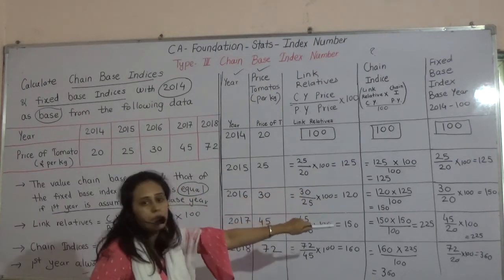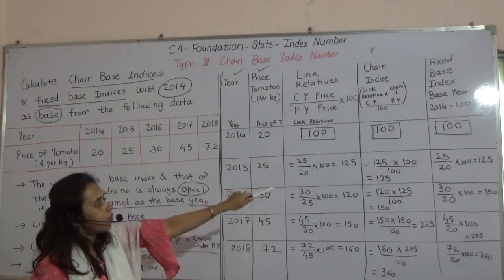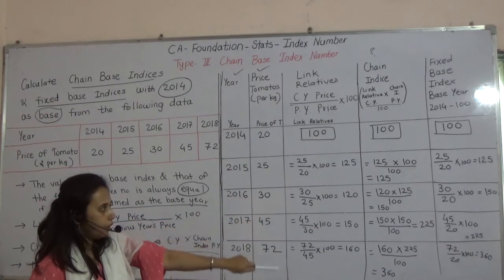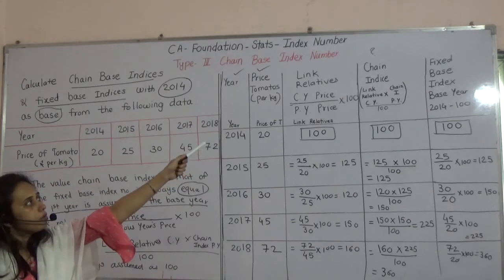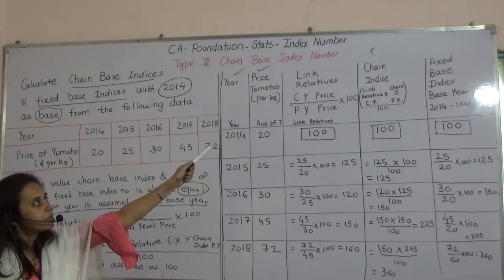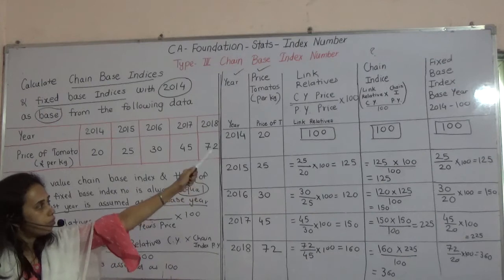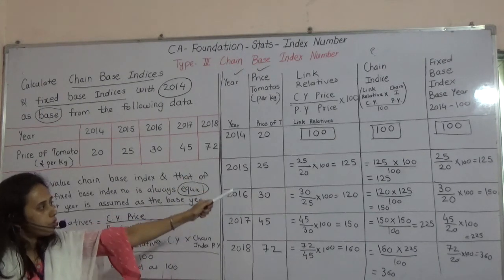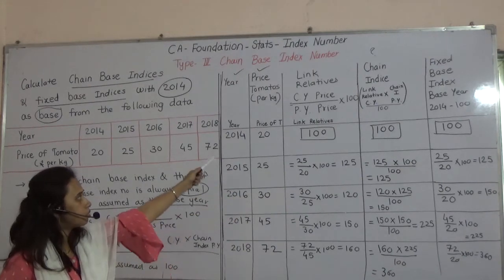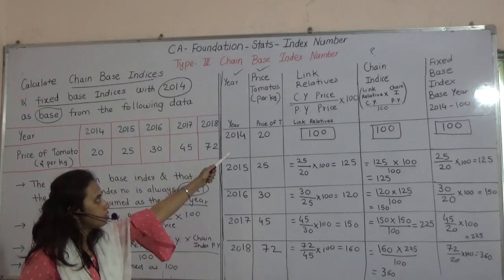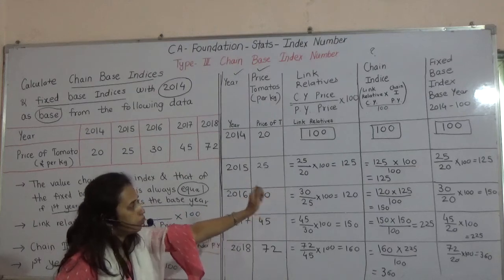Everywhere you can see I have divided by rupees 20. I am not changing the base because the method itself indicates fixed base index number. So everywhere I have considered current year price divided by fixed base price, that is the 2014 price of 20, into 100.